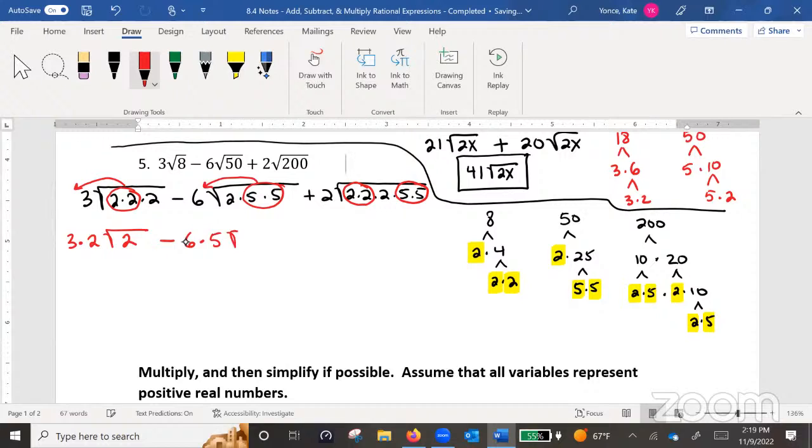Square root of 2. Oh, this one is all going to be like terms. Plus, we already had a 2. We're bringing out another 2 and a 5, and all of those get multiplied. Square root of 2 left over.